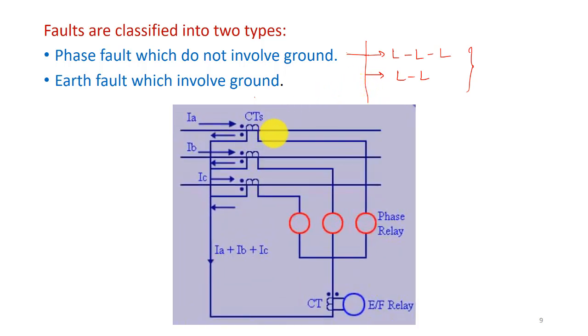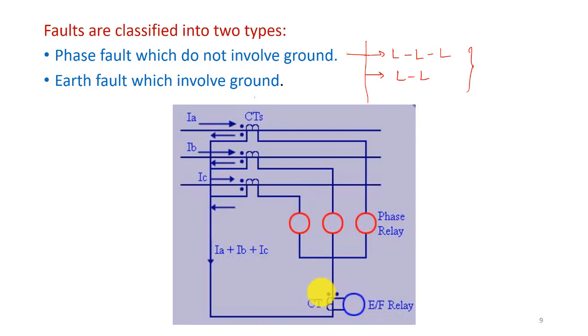Now you can see here a typical arrangement for three-phase feeder protection. Generally, whatever relay is available or manufactured has three-phase protection schemes. It has three phases to be connected, and these are called phase relays. Sometimes it also has an earth fault relay, and we'll talk about it in more detail.